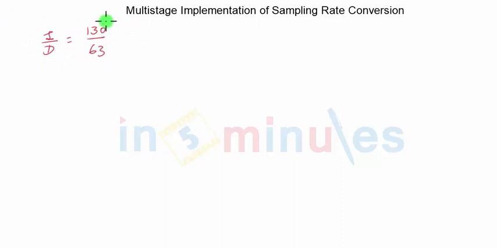Now here you can say that you will require interpolation by 130 and decimation by 63. Although in theory this rate alteration can be achieved exactly, we can discuss the theoretical implementation of this. We can have an interpolator with the factor of 130 and a decimator with the factor of 63.